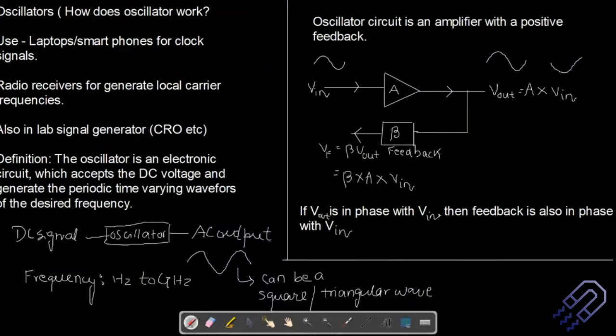If this were flipped, that would mean it is 180 degrees out of phase. I'm not saying that; I'm saying that this is in phase. So whatever you have in the feedback circuit will also be in phase. That means the input that we are providing via the feedback circuit will also be in phase. So this is what it means: if V out is in phase with V in, then feedback is also in phase with V in. This is something which is important.